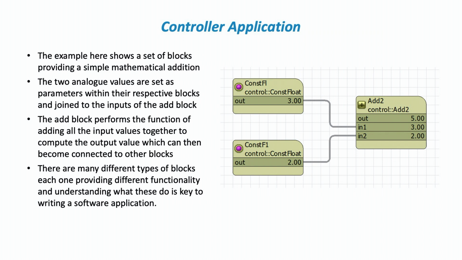We then drop an add two block onto the page, and the purpose of an add two block is to add two numbers together. If you look at the diagram, I've drawn lines between the two, and you literally just draw those lines in the software, and it will take in in1 and in2 and add them together.